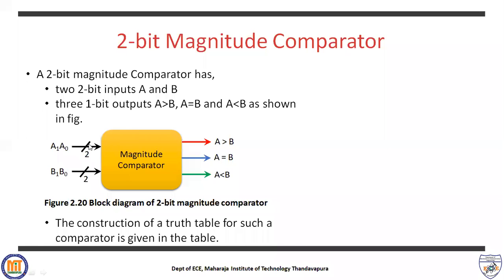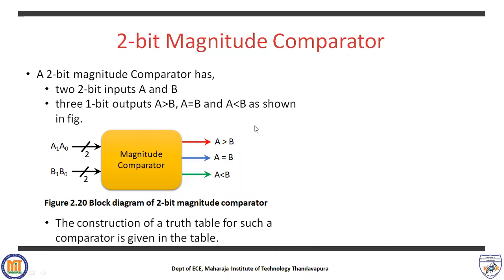So we have 2 input lines on the A input section, and similarly 2 bits on the B input part. Now we need to compare the magnitude of these 2 bits and establish the relationship between those two 2-bit values.